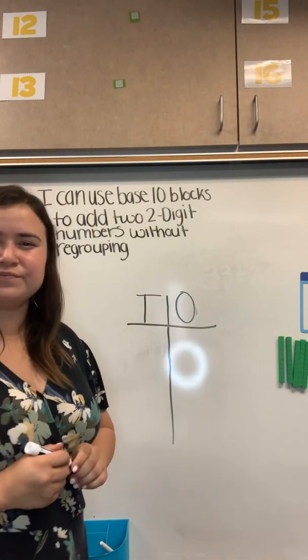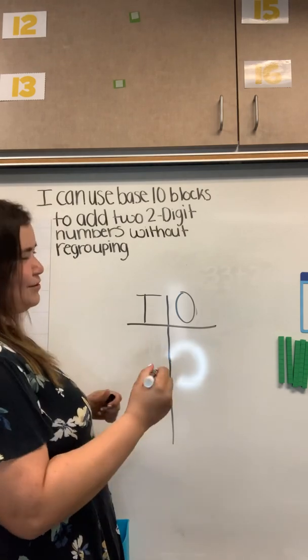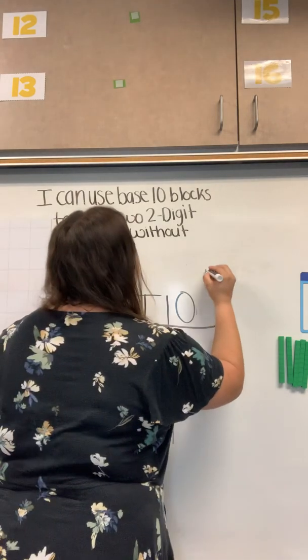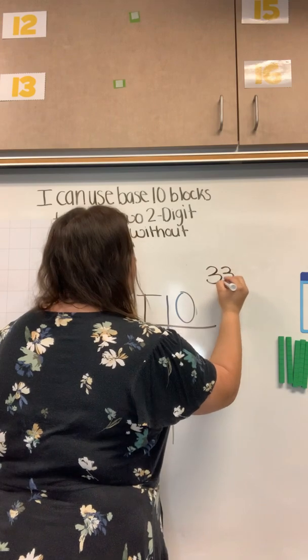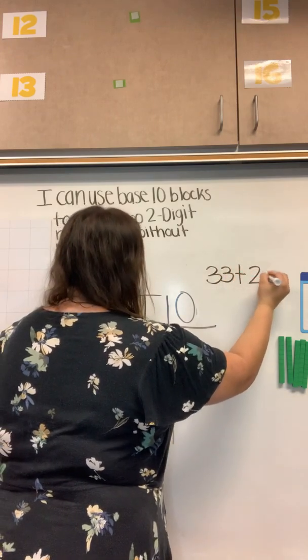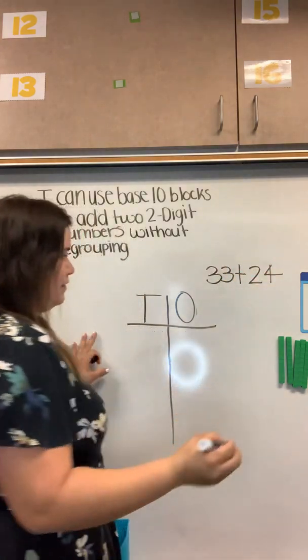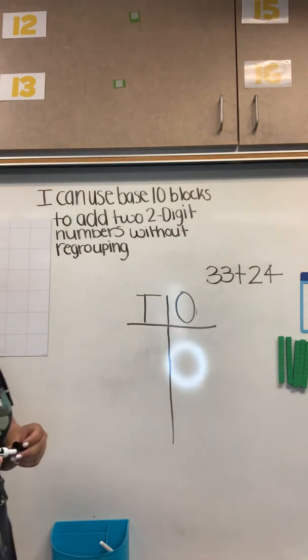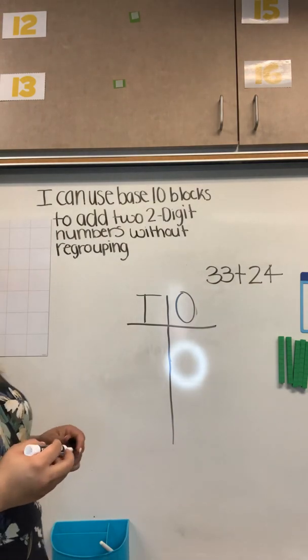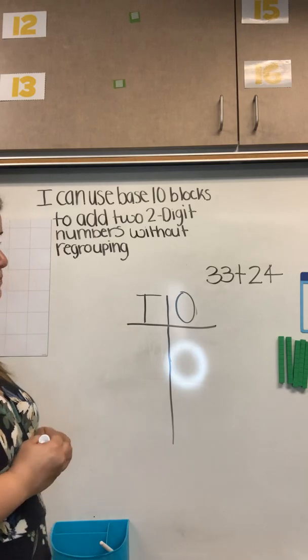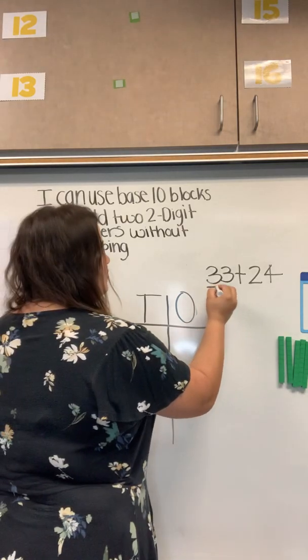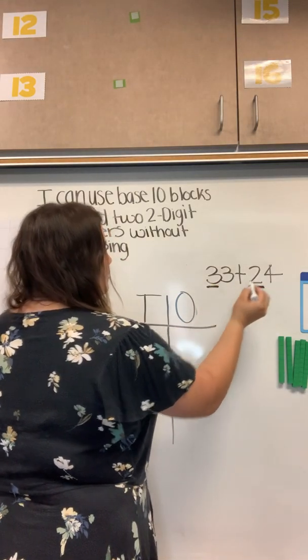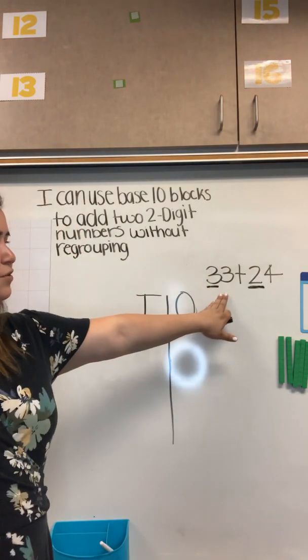So we're going to add two numbers. How about 33 plus 24. The first thing we need to do is look at our tens place. But first we're going to look at the number 33.